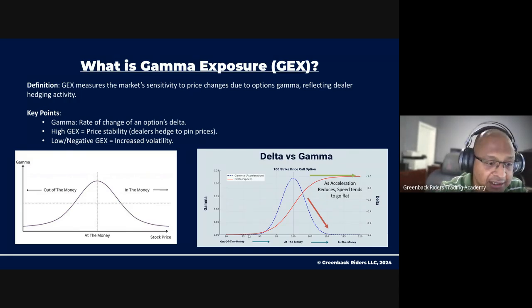So if you look at this, this is again explaining what delta versus gamma is. If this is your options price, if this is your 6,300, here you are out of the money, here you are in the money, and here you are at the money at 6,300. So if you go above, see that this is how the gamma moves.